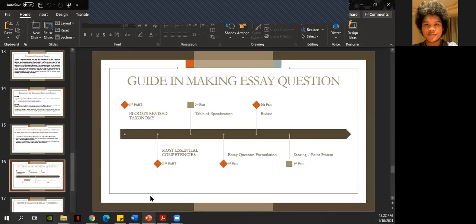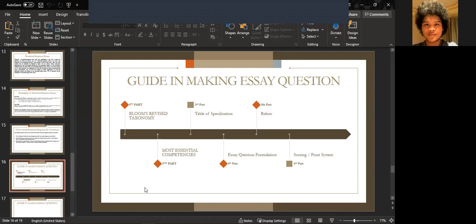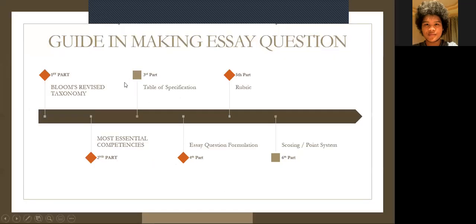Now going back to the presentation, again, that's how you try to create your essay. First is base everything on Bloom's revised taxonomy, as our group has discussed. Next is visit the most essential competencies by DepEd.